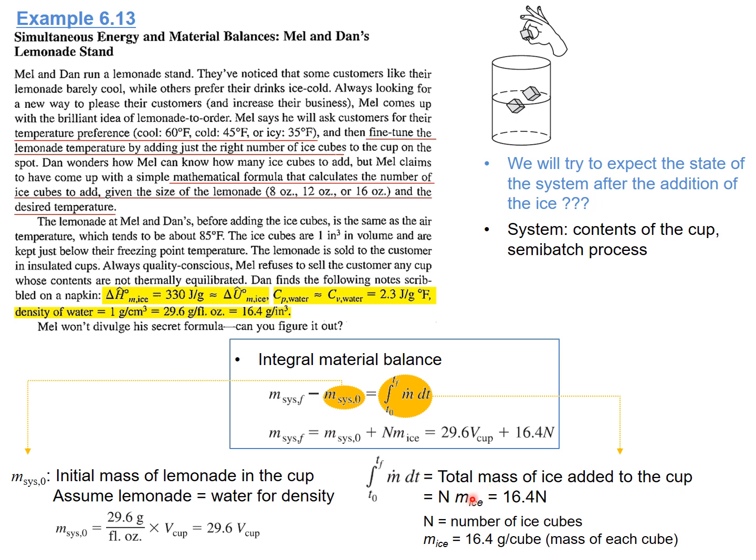It means the number of ice cubes with the mass of each ice cube. So we know the value of m ice, the mass of each cube. Then we could say like that: final mass is equal to cup volume plus number of cubes.